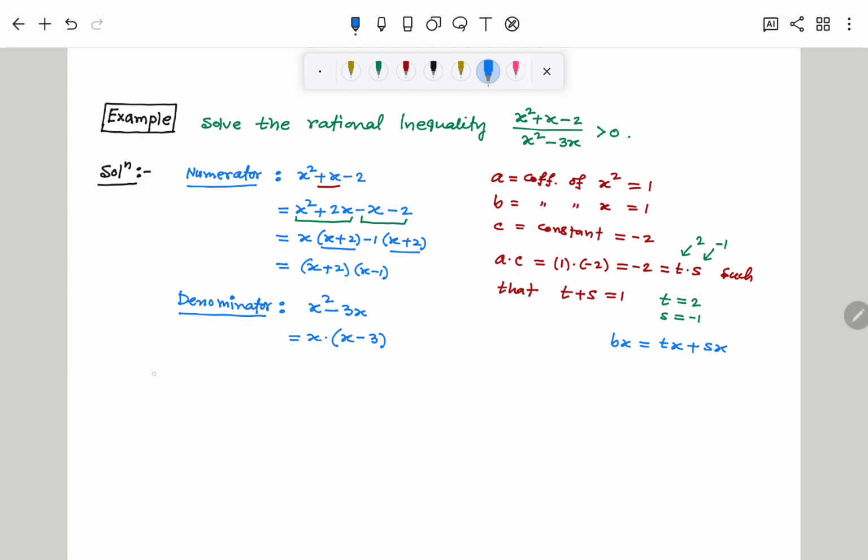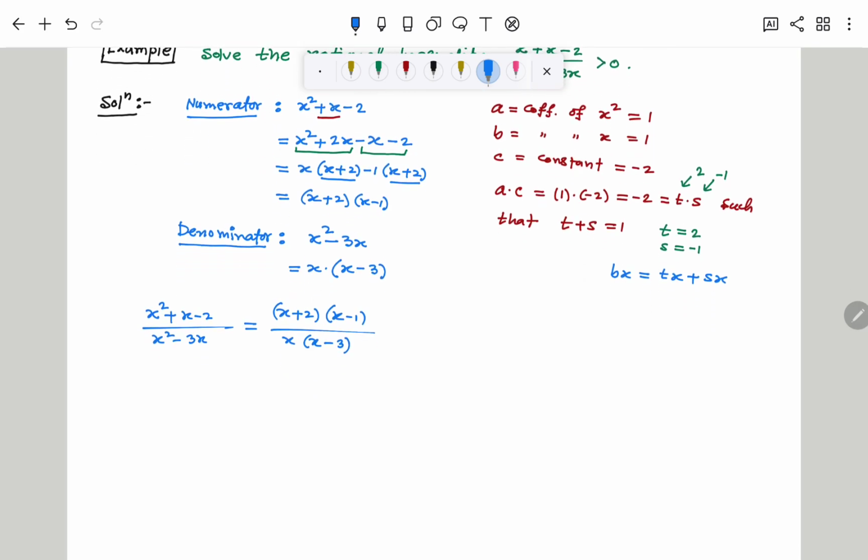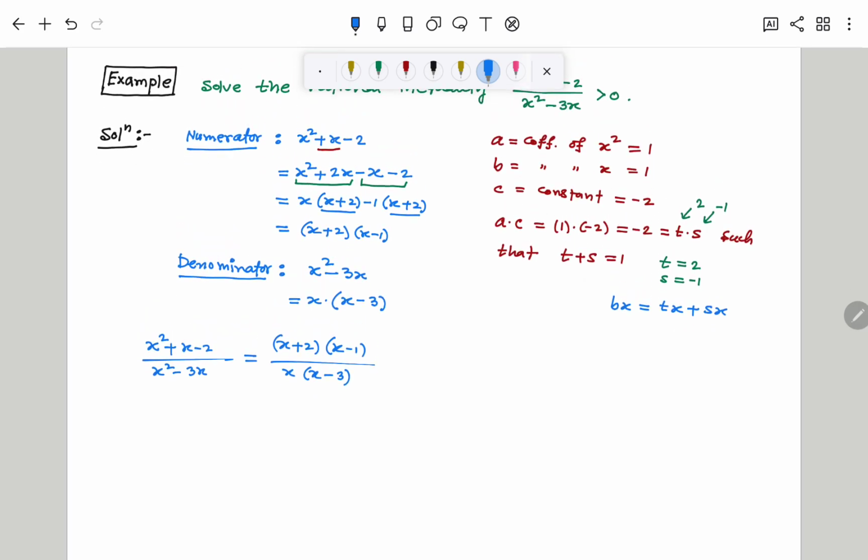So the rational expression, this was the first step, now becomes (x + 2)(x − 1) divided by x(x − 3). Now in the second step, what should we do? We calculate the zeros of the numerator and denominator both.